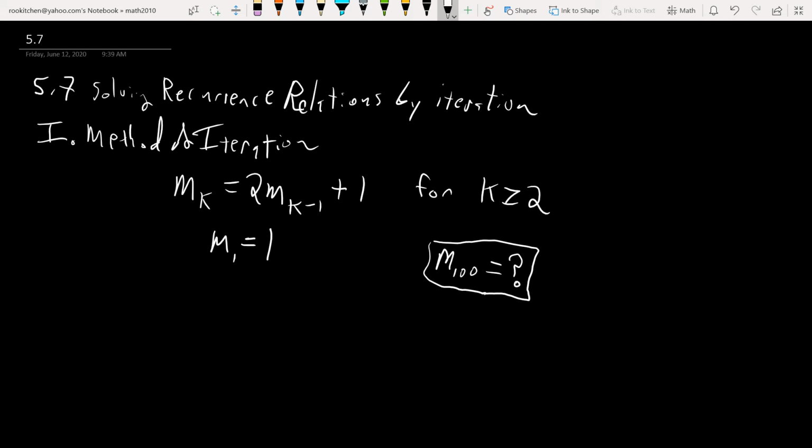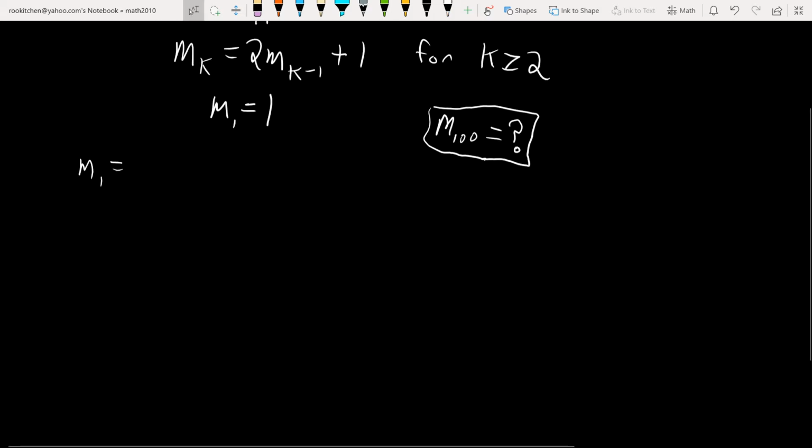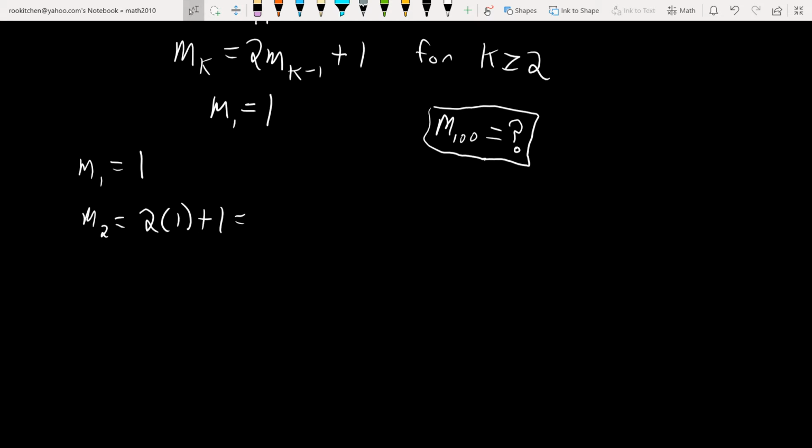Let's take a look, and we're just going to look at the terms of the sequence, right? So m sub 1 starts at 1, and then we use the recurrence relation to get the next terms. m sub 2 is 2 times the previous one plus 1. So it's like 2 plus 1. One mistake that a lot of starting students make, like I see it in calculus, is they'll try to add everything together.